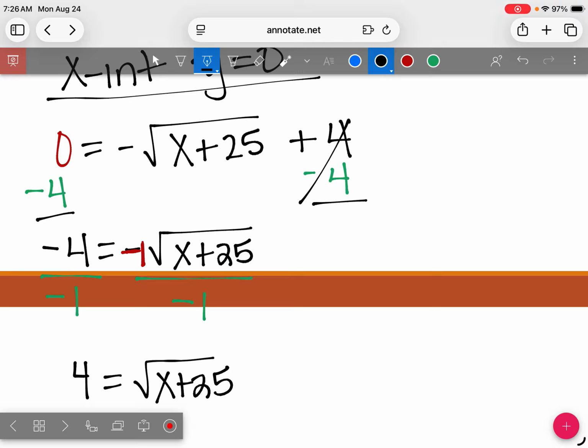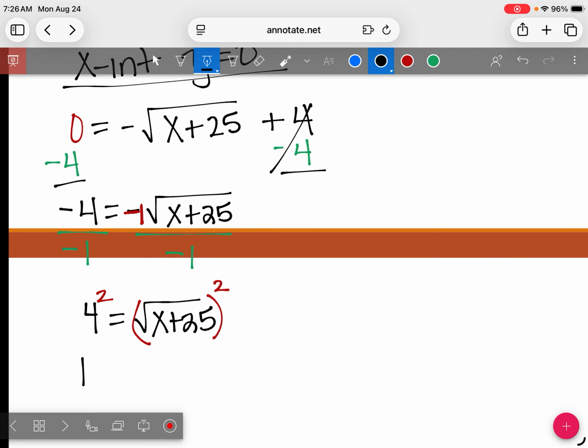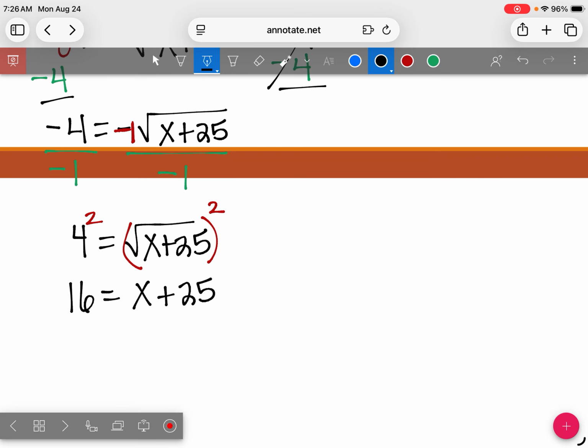The opposite of a square root is squaring both sides. So that would be 16 equals x plus 25. And then my last step would be to subtract.